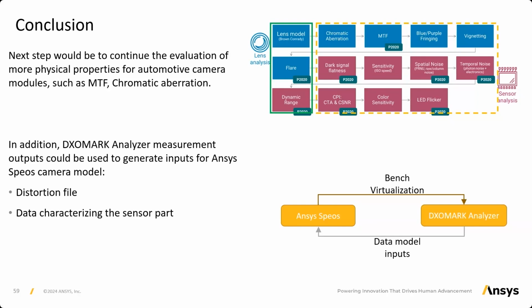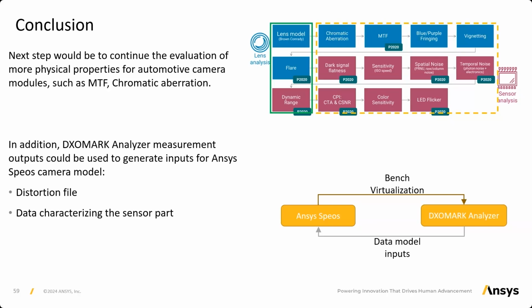The second aspect: we have a lot of feedback from our users regarding how to get the data inside the simulation. Simulation and simulation results are only as good as the inputs you have inside the model.